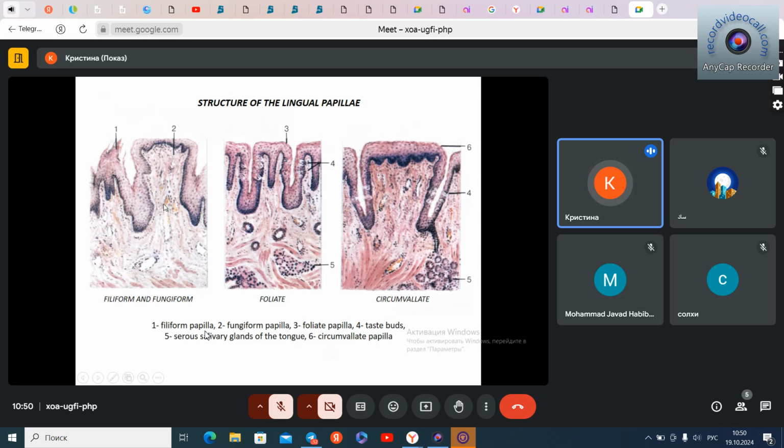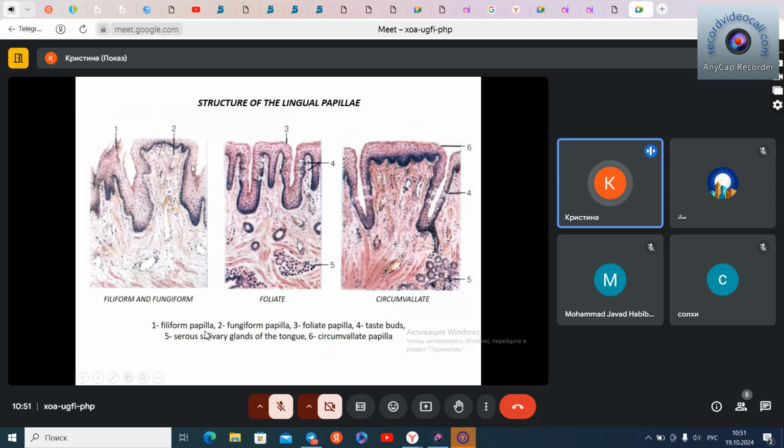The lamina propria mucosa forms the primary papilla, which is this larger area, and secondary papillae, which are these smaller evaginations of lamina propria into the epithelium. They enlarge the surface of connection between the epithelium and lamina propria mucosa, and this ensures better nutrition of epithelium and better attachment of the epithelium to lamina propria mucosa.